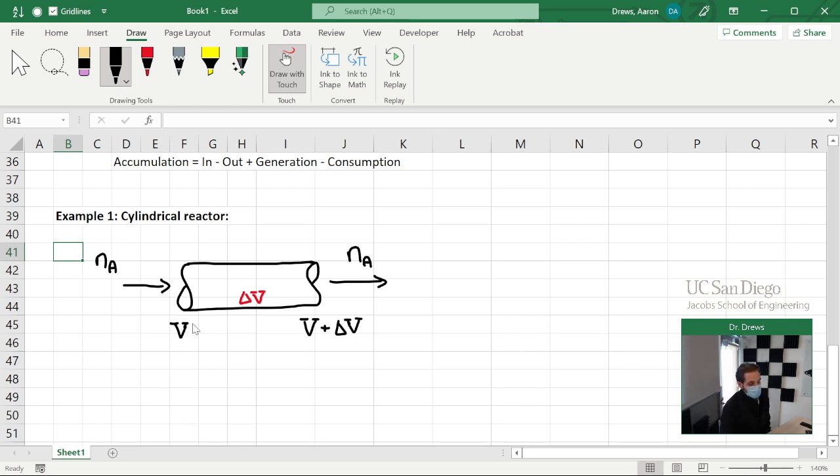What we typically do, this is a type of balance called a shell balance, is just say, I don't know what Na is over here, but I know that it's the value of Na evaluated at V, and this is the value of Na evaluated at V plus delta V. It's just, quote unquote, a little bit different. We don't really care what the difference is, it's just different. If there's a reaction that occurs inside of here, then the rate of reaction within this little volume is Ra times delta V.